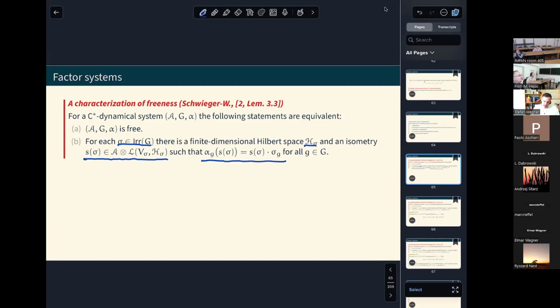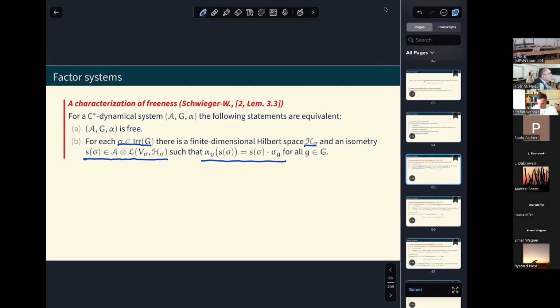Basically, if you apply the action from the left side, then it's the same as multiplying with the representation from the right side. And this is a very compact notation. Of course, there are tensor products involved, but they are implicit.